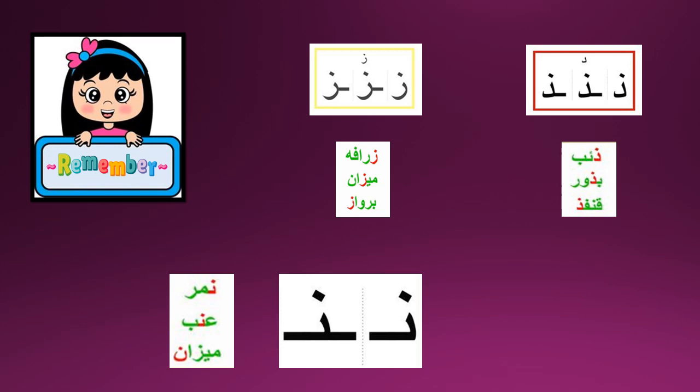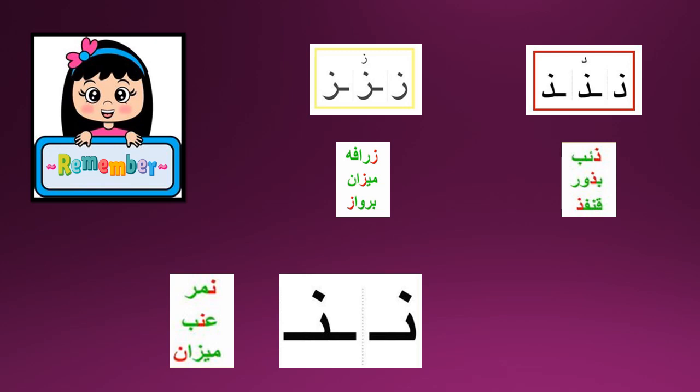If you look at Zal, Za and Noon, you can't find any difference in them because all of them have one dot on them. But when you look carefully, you will know that there is a difference. What is the difference? As I told you, remember that a few letters don't have their proper half shapes.